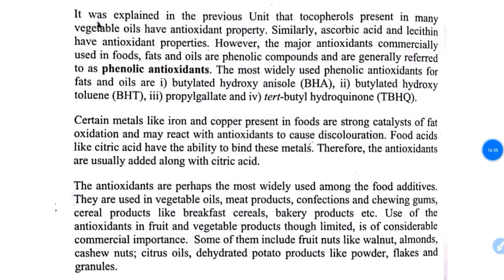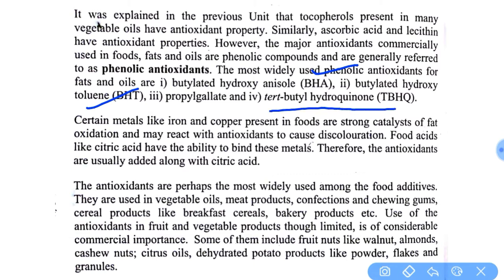So these are also called phenolic antioxidants, and the most widely used phenolic antioxidants are what? Butylated hydroxyanisole, that is BHA, butylated hydroxytoluene, that is BHT, propyl gallate, and tertiary butyl hydroquinone. And apart from these chemicals, we have to use some acid like citric acid, because certain metals like iron and copper which are present in the food are strong catalysts. What do they do?